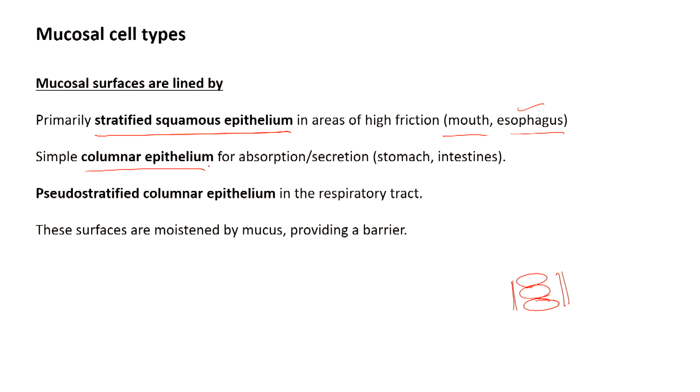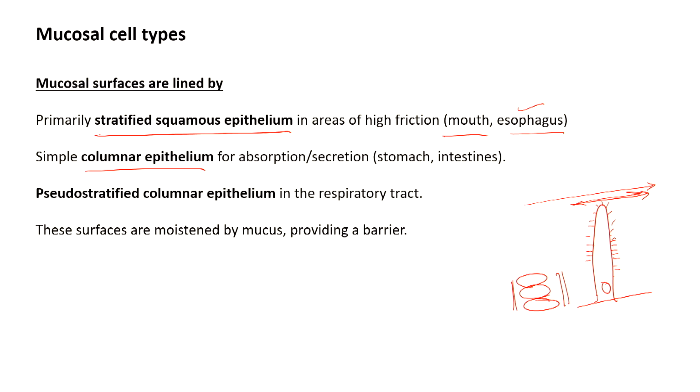Then comes the columnar epithelium. As the name itself indicates, these are very tall, column-like cells, and the nucleus is most of the time at the bottom. They are mostly present in the alimentary canal, because they might have a brush border, or they may be ciliated, and the cilia can help in the movement of food, allowing its passage. So if it is a peristaltic movement and the food passes through the gut in this direction, these cilia can help to propel the food in the forward direction.